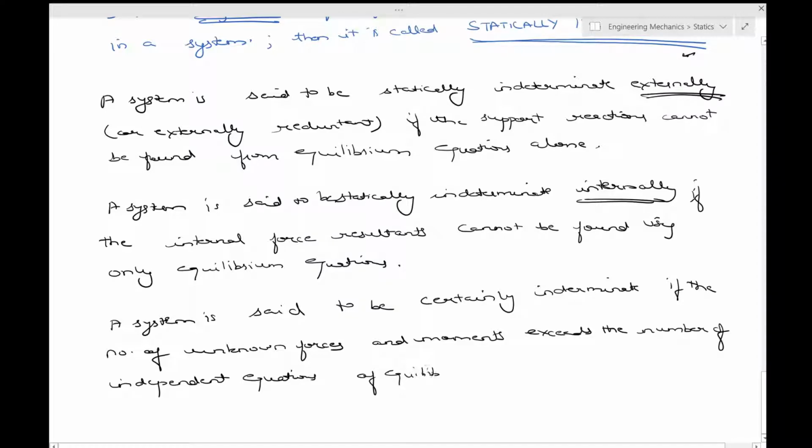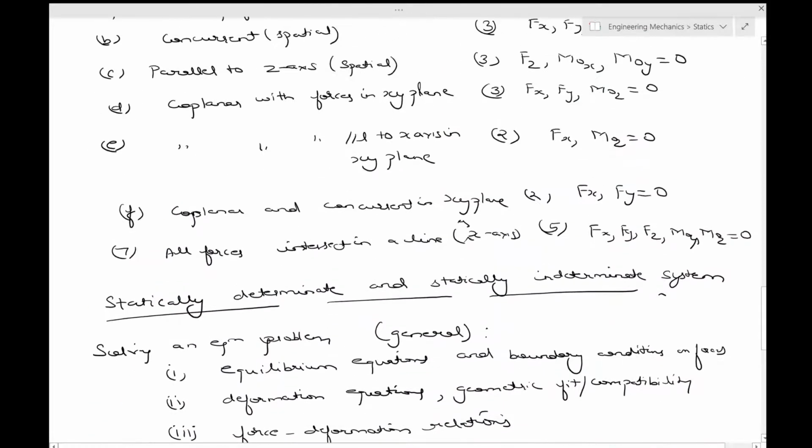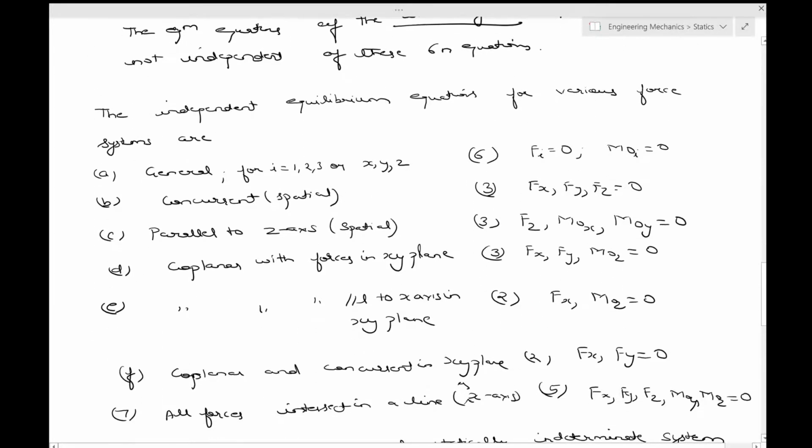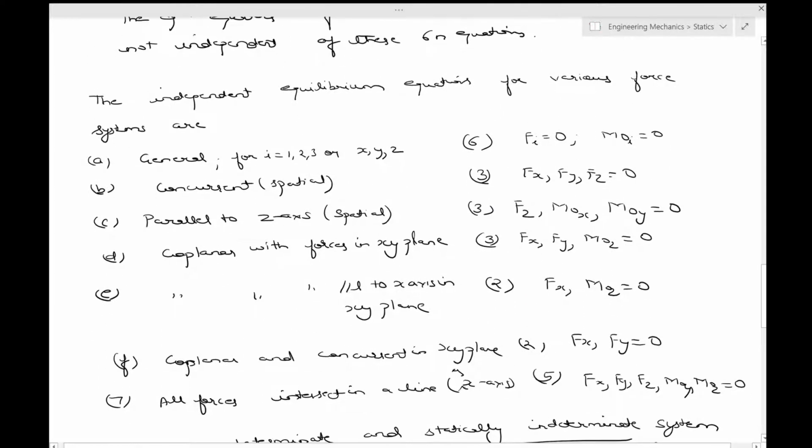And we have gone through several situations of how many equilibrium equations exist. For example, in this case, if the number of unknowns is more than 3, then you would call it certainly indeterminate.